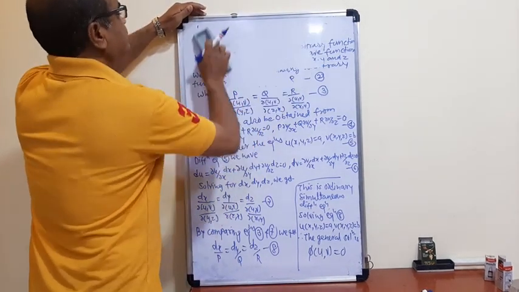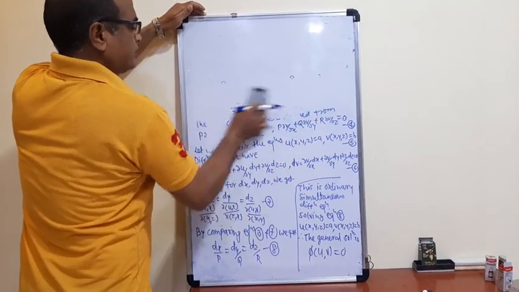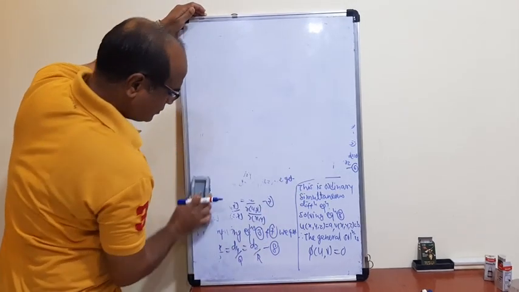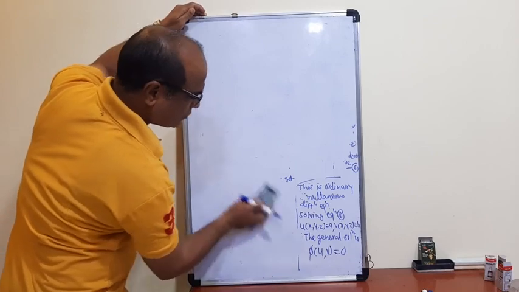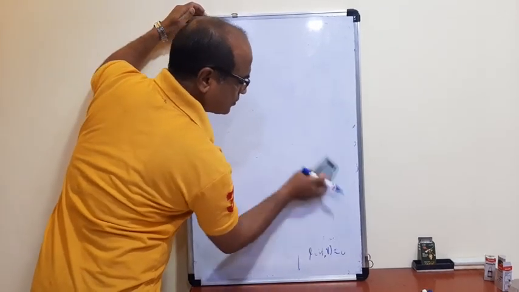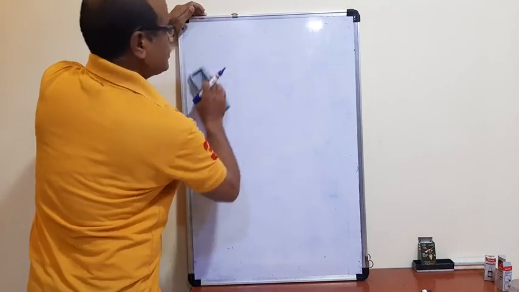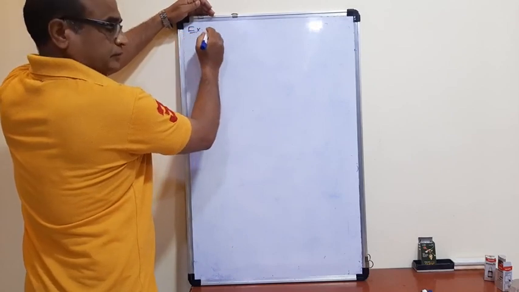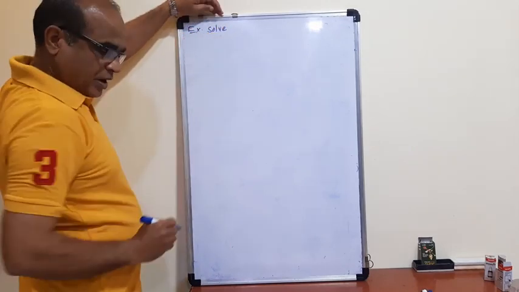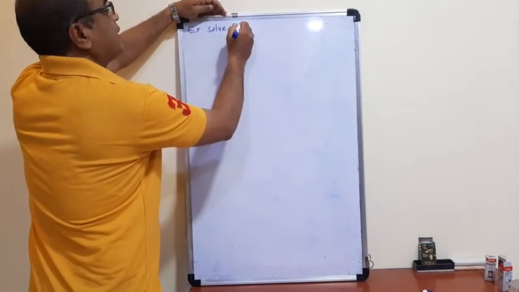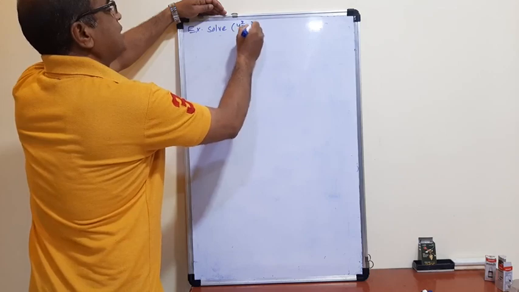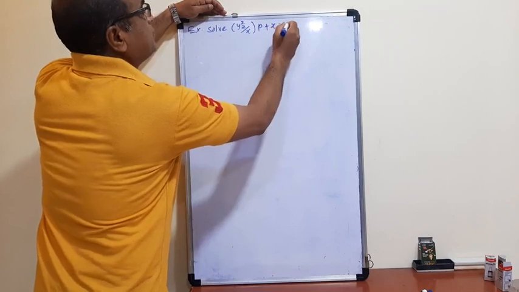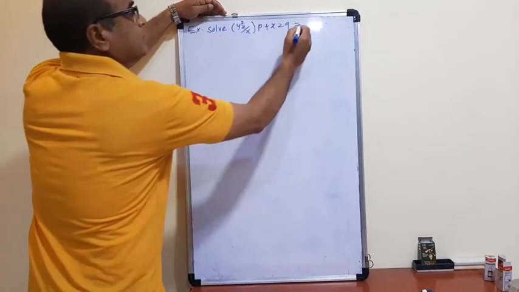So what is the example here? Solve example: y square z upon x into p plus xz q is equal to y square.